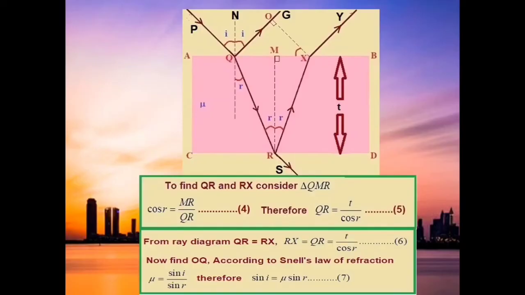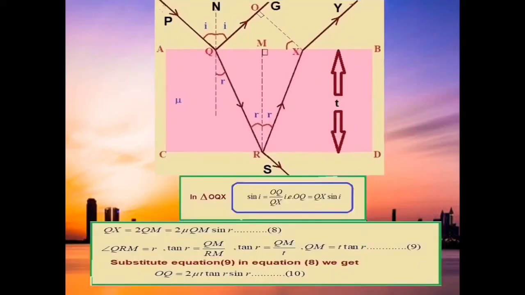According to Snell's law of refraction, mu is equal to sin i divided by sin r. Therefore, sin i is equal to mu sin r, and this is equation 7. In triangle OQX, sin i is equal to OQ divided by QX, that is, OQ is equal to QX sin i.